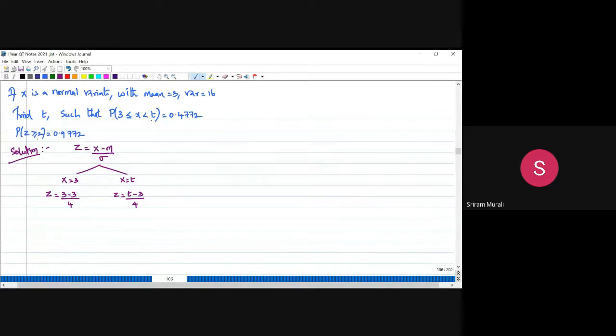So the given area is between 3 and t, which is 0.4772. I made a mistake earlier. The probability of z less than or equal to 2 is given as 0.9772.